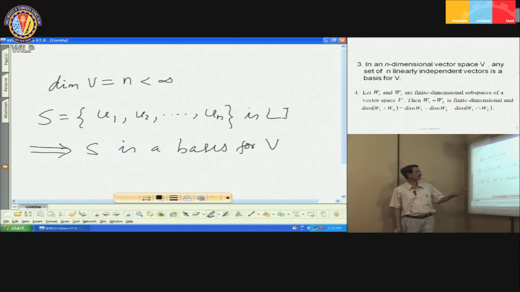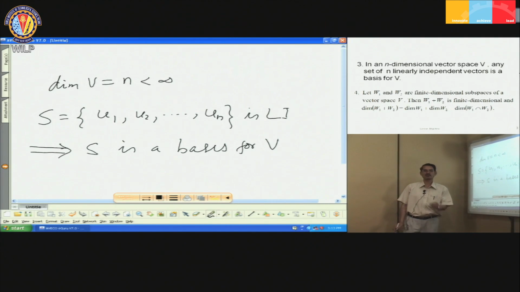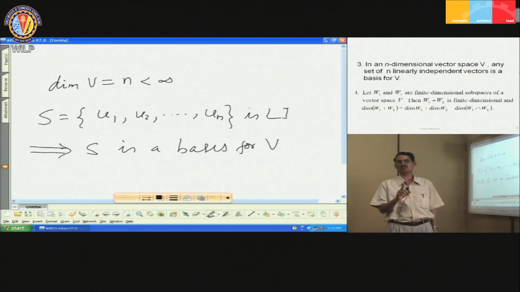So if you want to show that the given set S is a basis or not a basis, you are supposed to check two things. First, the given set must be linearly independent, and the given set must span the whole vector space V. But the moment you prove that S is linearly independent, and the number of elements in the given set S is equal to the dimension of the vector space, then there is no need of checking the second property, that is the spanning property.